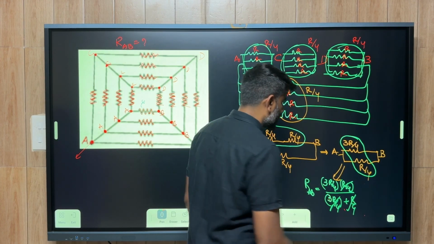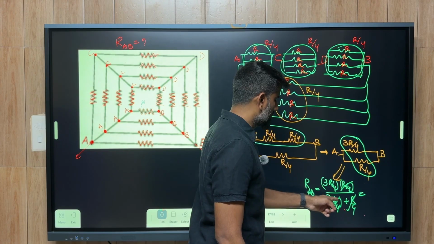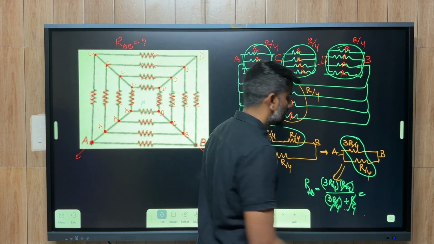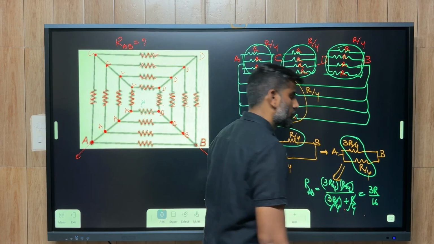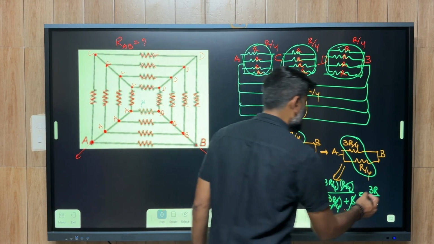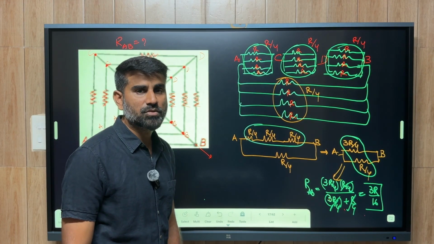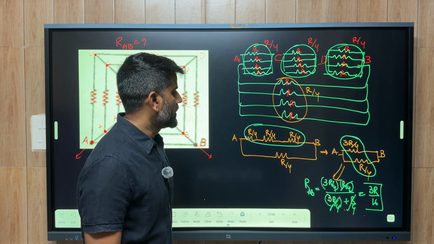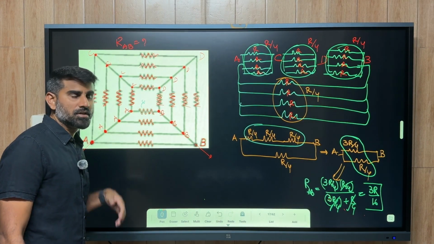So 3R by 4 divided by 4 is 3R upon 16, 4 times 4 is 16. 3R by 16 is the equivalent resistance between A and B terminals of the given circuit.